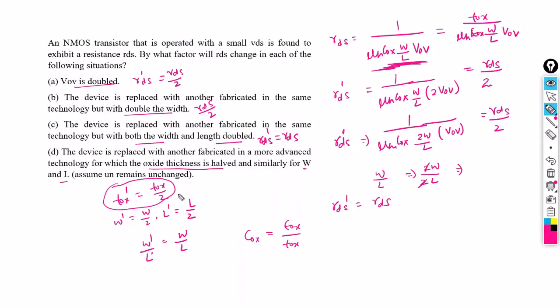As you can see, new TOX is half of previous TOX, then you have to put TOX as TOX by 2, which means your RDS dash will be half of previous value, which means in fourth part or D part your RDS dash is equal to RDS by 2.